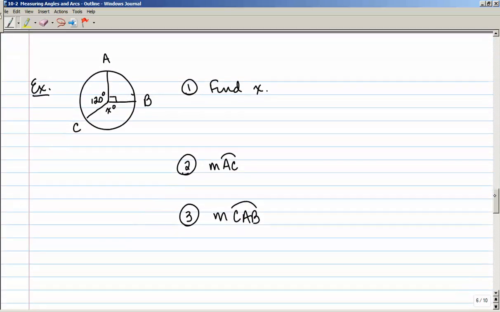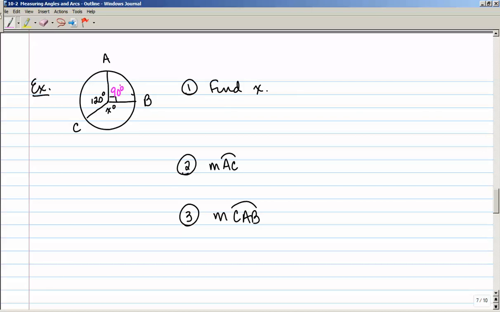So let's take a look at several examples here. So here we have a circle. I don't have the center labeled, so I don't have a name for it, but it has points on it A, B, and C, and we have to find X. In other words, what is the measure of that central angle right there? Well, I'm given that one of these angles is 120, and I know that because of this little right angle symbol, this is a 90-degree angle.